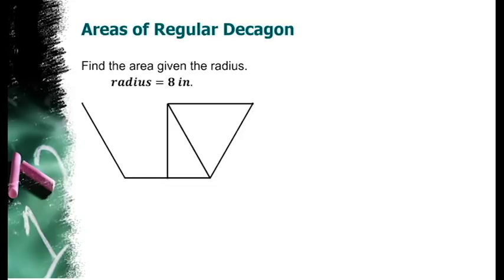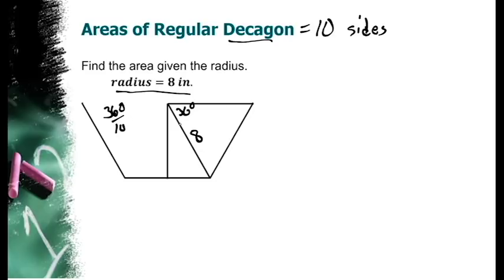In this example, we have a regular decagon. Keep in mind a decagon has 10 sides. They're giving us that we have a radius of 8 inches, so we can go ahead and label our radius as 8. If we have 10 sides, that means our central angle, 360 divided by 10, is 36 degrees.